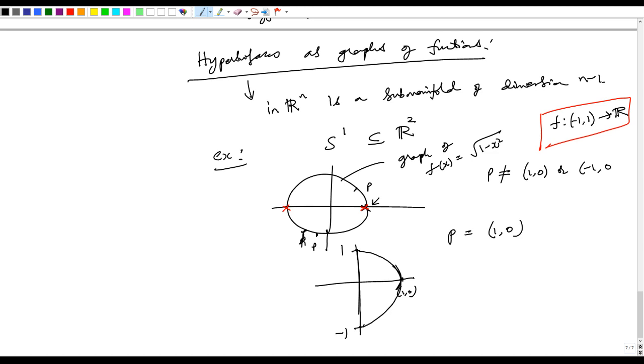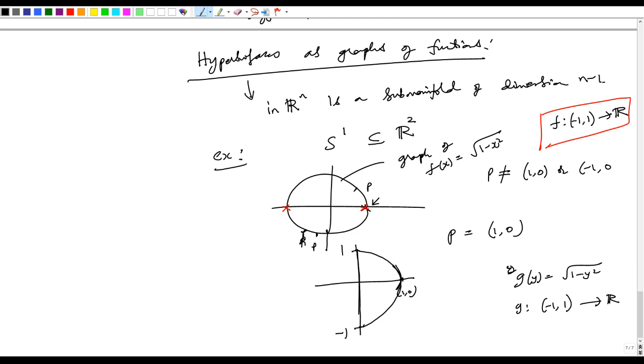If I look at g of y equal to square root of 1 minus y squared, again g from -1 to 1 to R, and look at the graph of this over the domain being the y-axis, then this will be part of it. So the statement that locally it's a graph is indeed true, but you just have to be careful which subspace of Euclidean space you are taking the graph over.